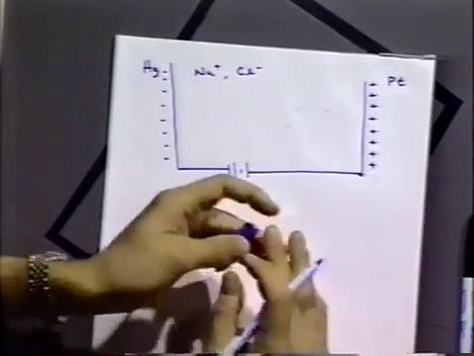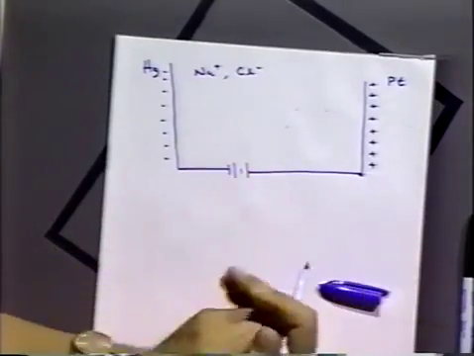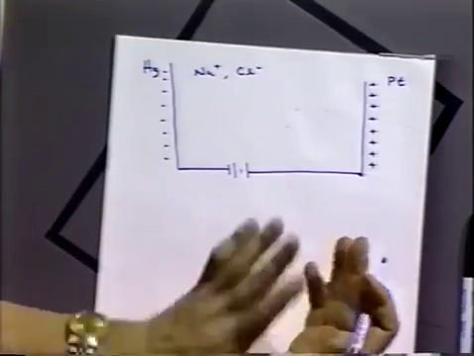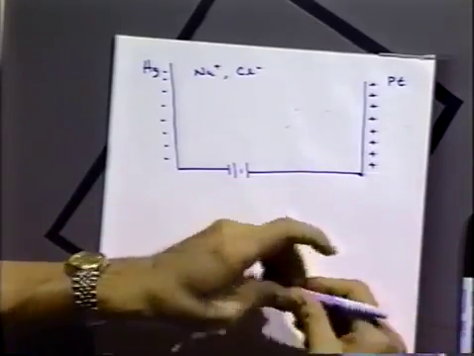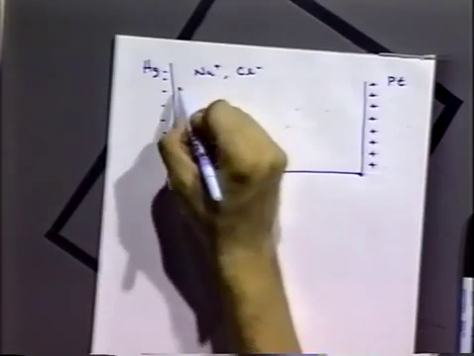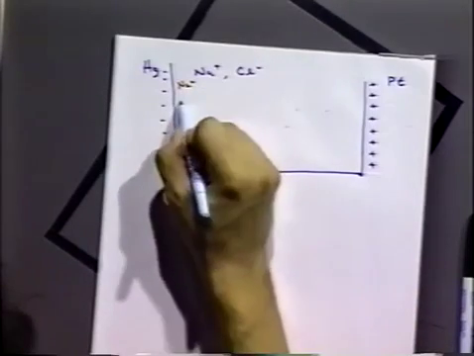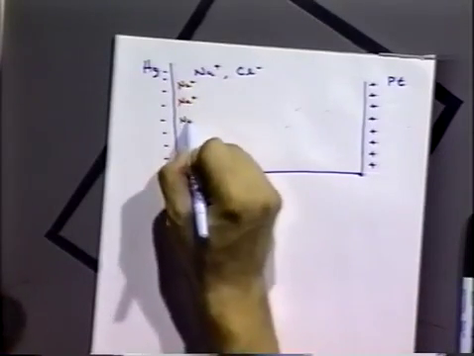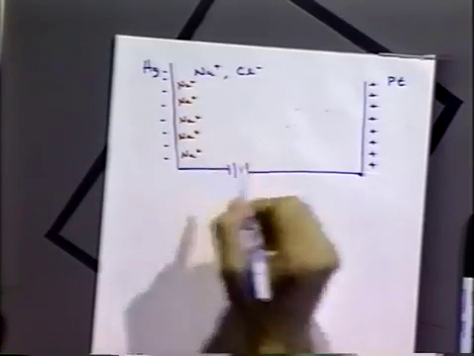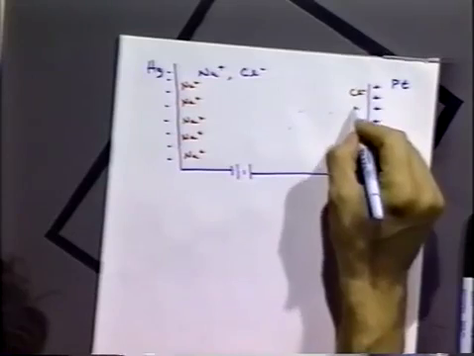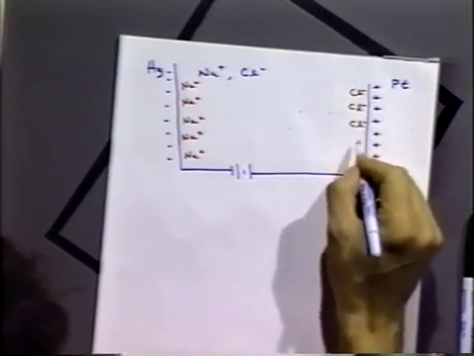Now the solution, because those ions are in solution, they're mobile, they can actually become attracted to that negative charge. And so we can have our sodium ions be attracted to that electrode, and we can have the chloride ions being attracted to that electrode.